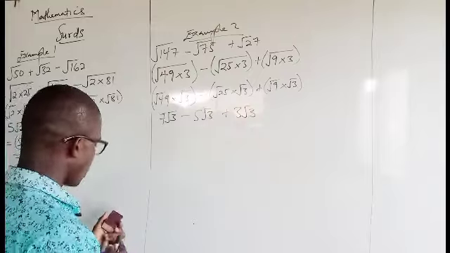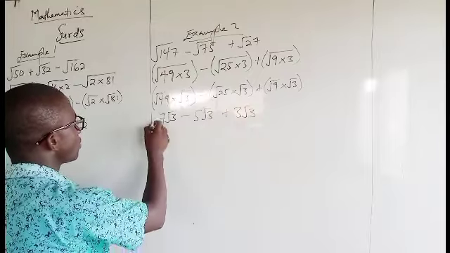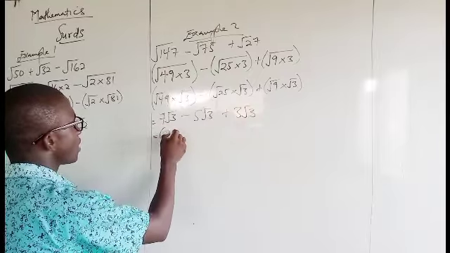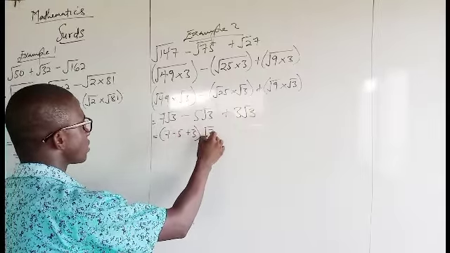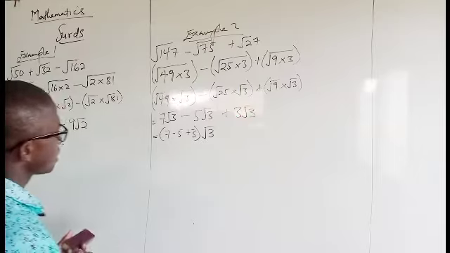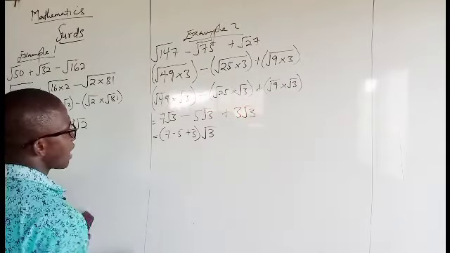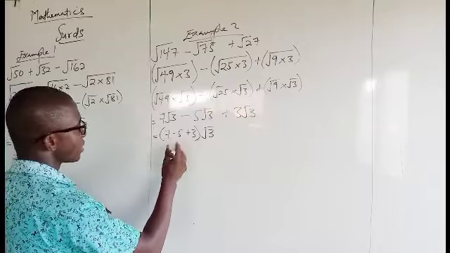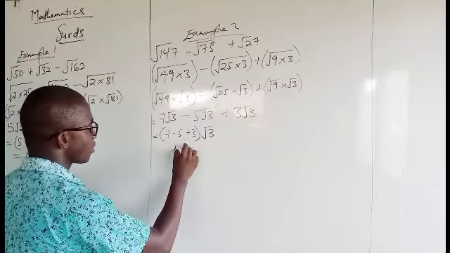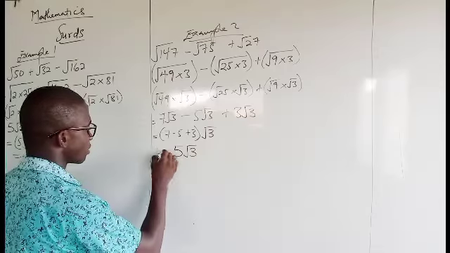So here you can write it this way. 7 minus 5 plus 3 root 3. So let's see. 7 minus 5 giving us 2, and 2 plus 3 giving us 5 root 3.